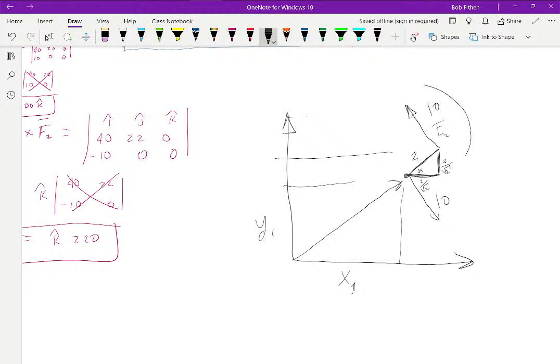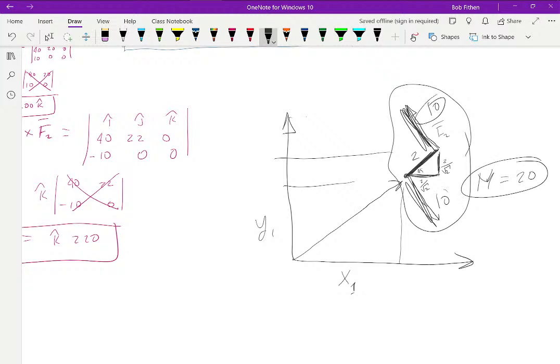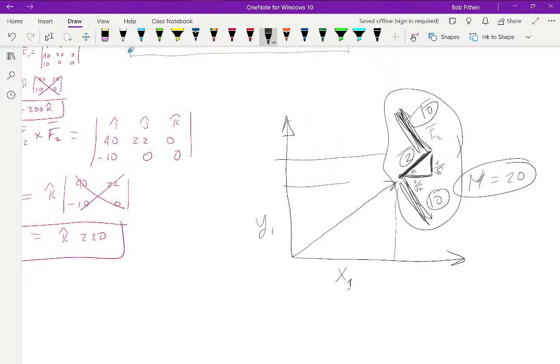If I went through the math, what you're going to find is the moment from these two forces is still going to be the distance here, and as long as this force equals that force, you've got a couple. So that's just going to give you 20. 10 and 10 and 2 apart. You can go through the math and prove no matter what angle you move it at, it's still going to give you 20.